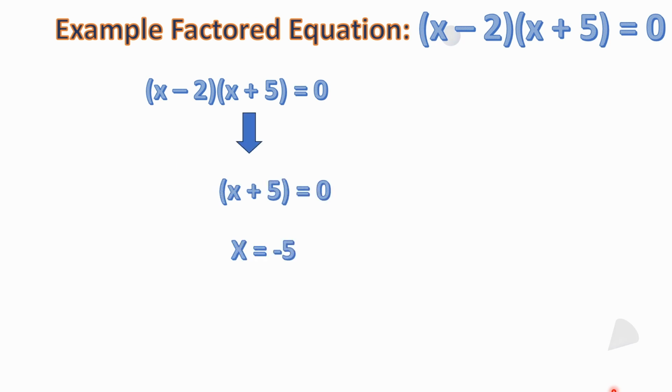Now, if we look at the other expression, the quantity x plus 5, if we set x plus 5 equal to 0 to solve for x, we're going to get x equals minus 5.